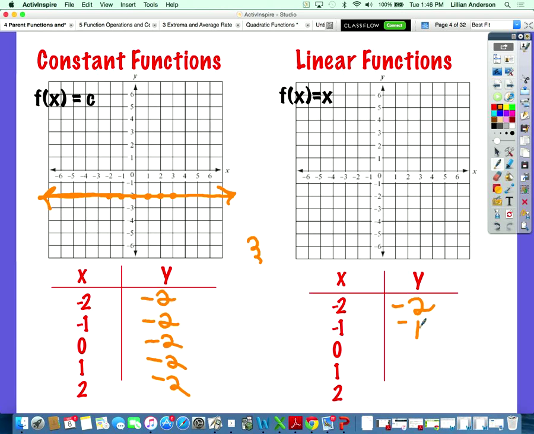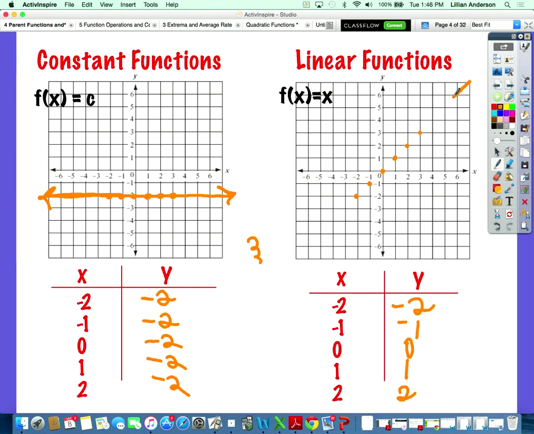When x is 0, y is, and when x is 1, y is, and when x is 2, y is, and so you plot these points, and it is your old school classic line: -2, -2, -1, -1, 0, 0, 1, 1, 2, 2. If I plugged in 3 for x, what would y be? 3. And it continues on like that.